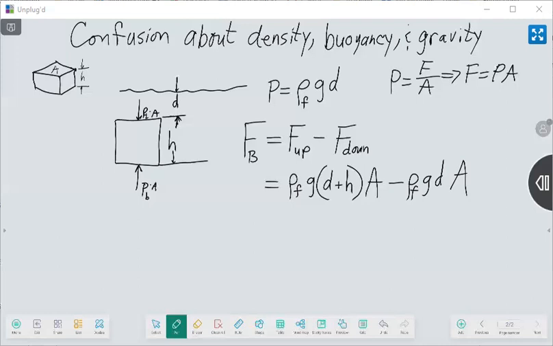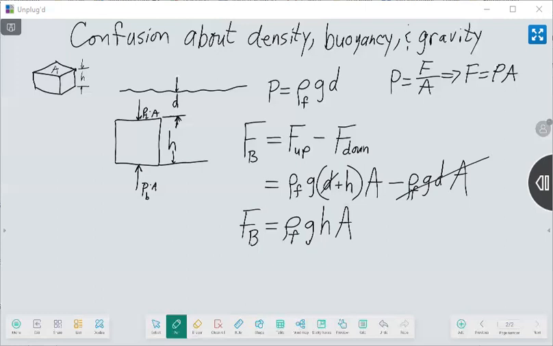So this and all this subtract out, and we're left with F sub B equals rho times G times H times the area that the pressure is acting on.